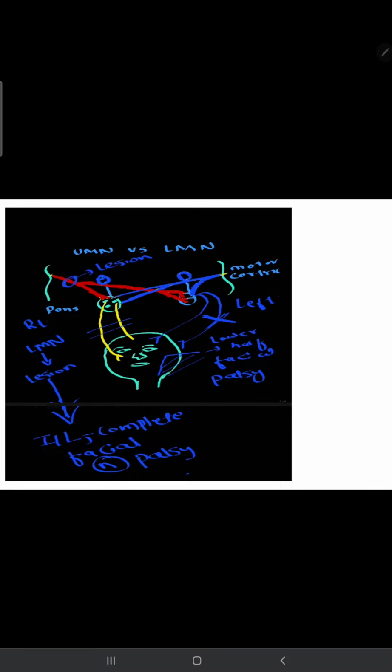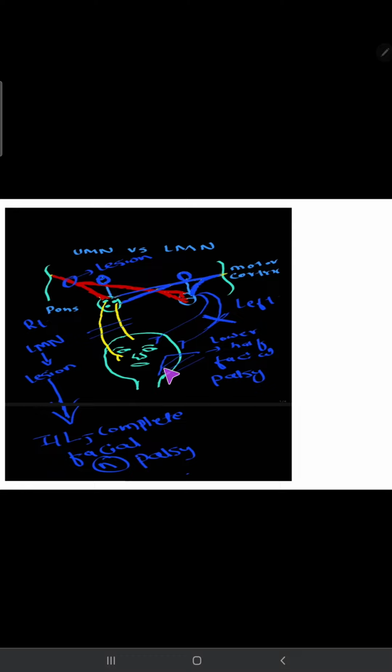When the lesion is over here, because it gives fibers to this area, the lower part will be gone. If this lesion is on the right side, the palsy will be on the left side, a lower half facial palsy. This is the normal thing.